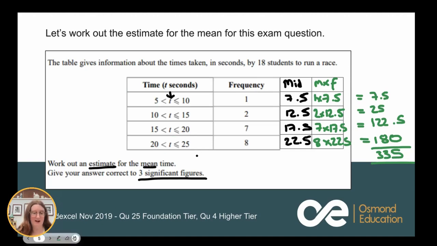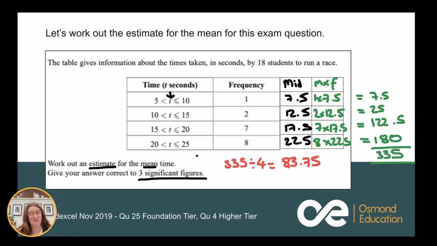So they carry out, let's just get a different colour pen for you. There we go. They would do 335 divided by the 4 categories in this situation. Now, if I carry out that sum, that gives me 83.75. Okay? That's the mistake.